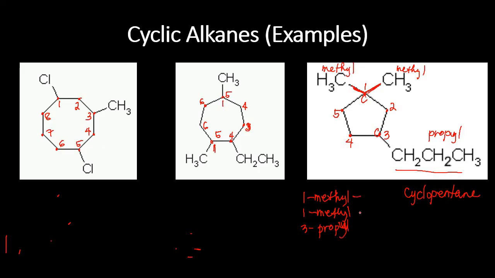So, pwede nating pag-combine to, dimethyl, okay, and then 3 propyl. Of course, the address of this one is 1 and then 1 from this. So, i-combine natin, magiging, anong unahin natin? Mas mauuna sa alphabet si M kesa kay P.